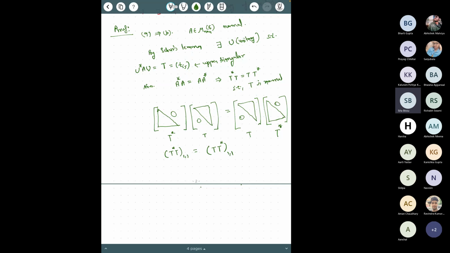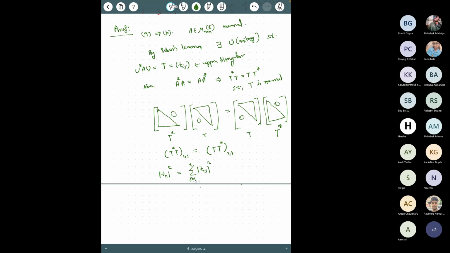T11 into T11 bar. So what is that? It is mod T11 square, right? What is there in the right hand side? It's the sum from j equal to 1 to n of mod T1j square. So the left hand side is mod T11 square, and the right hand side we have this.